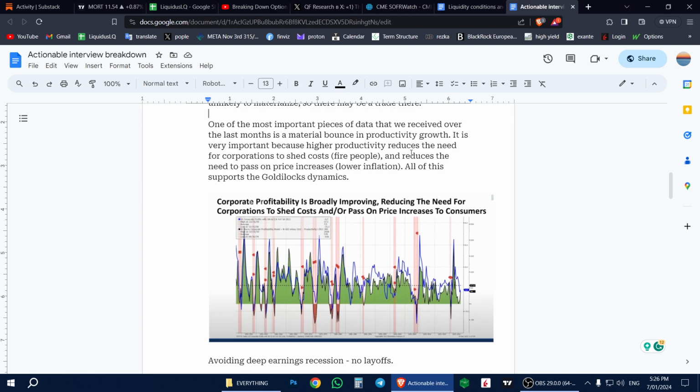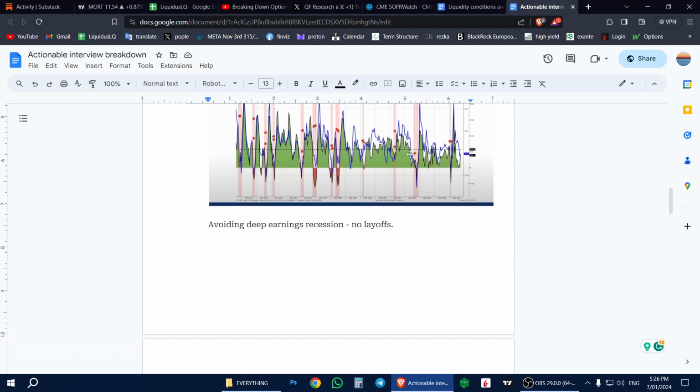Now, whether this productivity is tied to AI or anything else is everybody's best guess, but we don't know. But the fact that it is rebounding is positive for equities, for our model outcome, and for the trades that we're taking currently. And this is a significant signal.